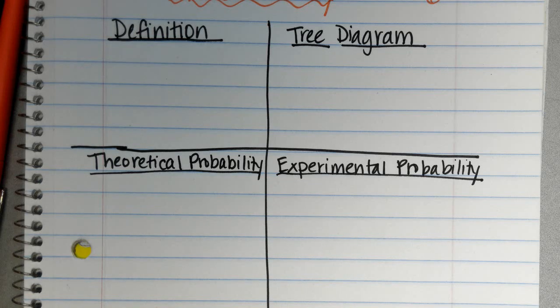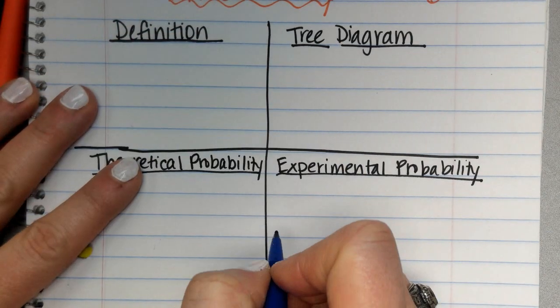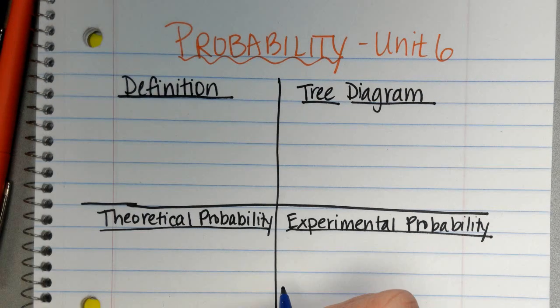All right, so let's go ahead and get down to business. The definition of probability. What is probability? Well, the last time you saw probability was the end of your 6th grade year. It was something you probably did at the end of the year, maybe before your test, but most of you did not see it. If you didn't see it at all, you might have seen it here in advanced math, but it's not super hard.